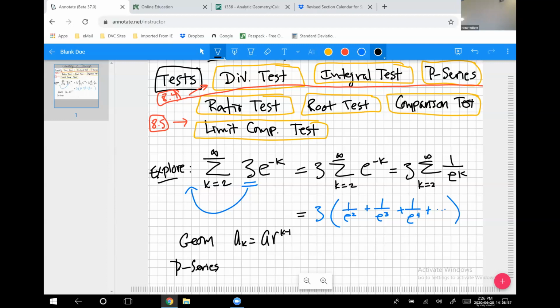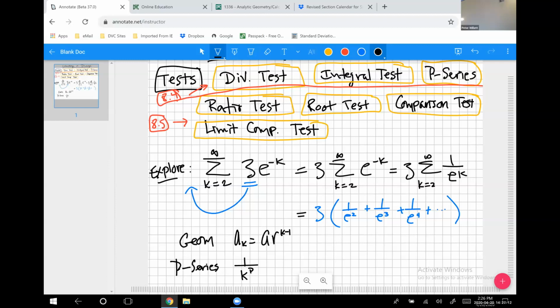Whereas a P series is something of the form 1 over K to the P. So the thing I would point out about the P series is that the power that you look at in the P series is on K. And if you look at our series, we don't have K to a power. K is the power.